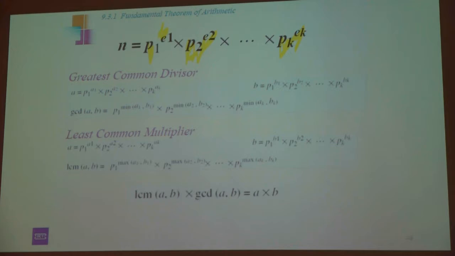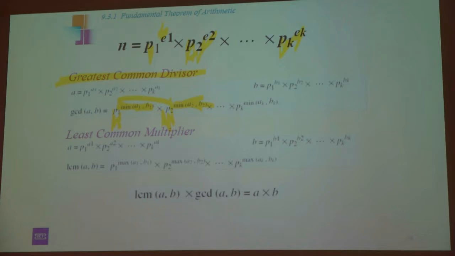And there are two things you can always calculate when you factorize: the greatest common divisor and the least common multiplier. The greatest common divisor is very simple. It is the first common number to the power of the minimum of both, multiplied with the second common one to the power of the minimum of both, and so on and so forth.